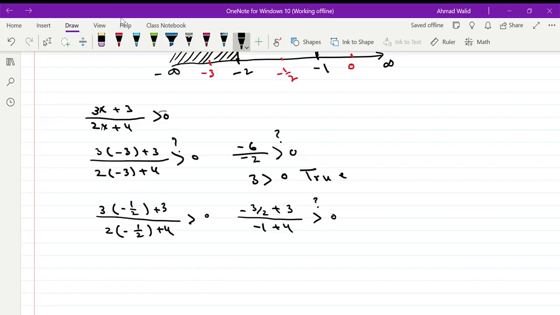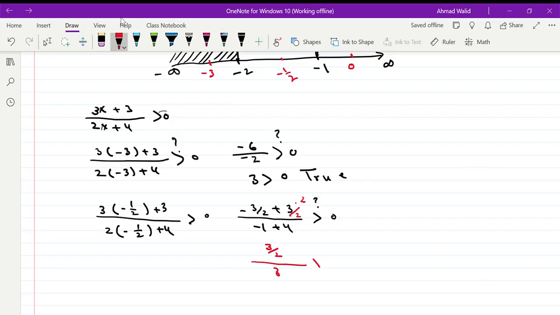We don't know yet. How do you add 3/2 with 3? You need a common denominator of 2, right? Then times 2 times 2. 3 times 2 is 6. 6 minus 3 gives you 3/2 over -1 and +4 gives you positive what? 3.